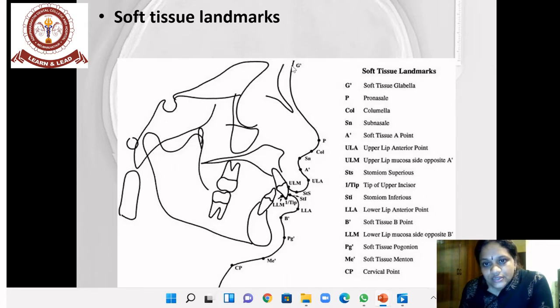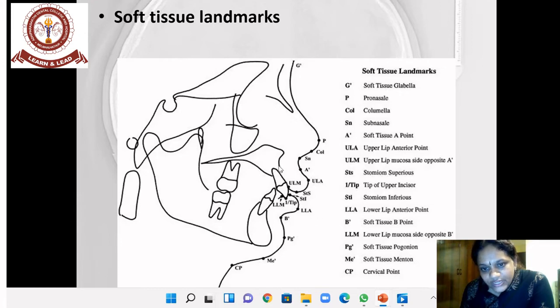Glabella is the anterior part corresponding to the forehead and the junction of the nose, and then you have your subnasale, and then you have your columella, pronasale, and then upper lip anterior point, upper lip mucosal side point A, and stomion superioris is the junction of your oral mucosa and your lip, that is your vermilion border, and then stomion inferioris, the junction of your oral mucosa and the outer epidermis, and this is your lower lip anterior point.